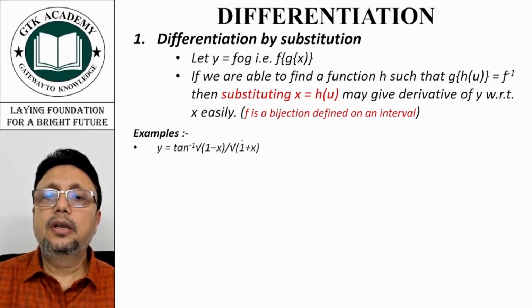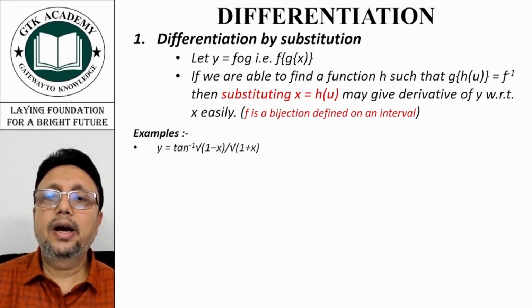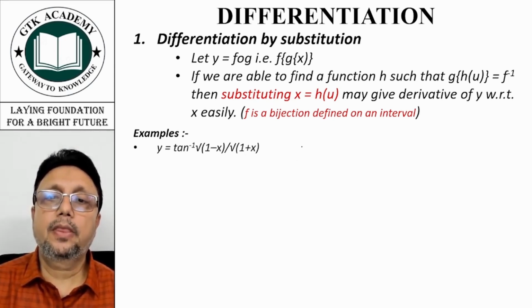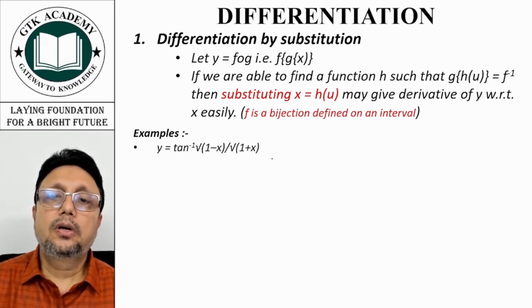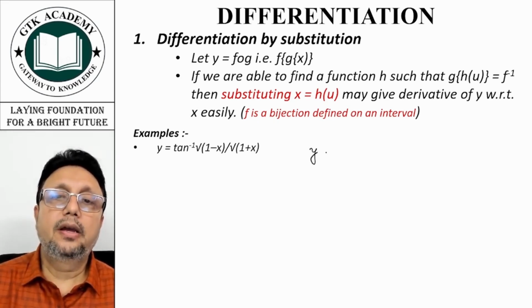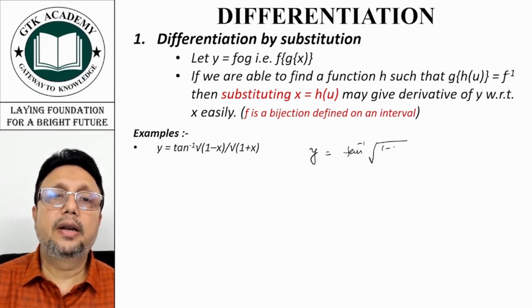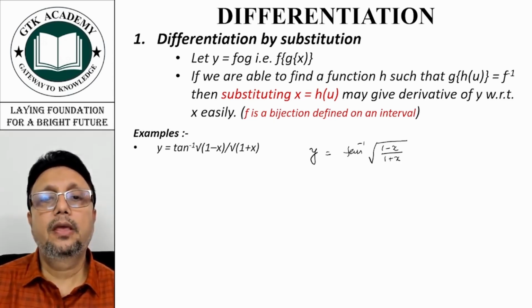The first example says y is equal to tan inverse of (1 minus x upon 1 plus x). So y is equal to tan inverse under root 1 minus x upon 1 plus x.